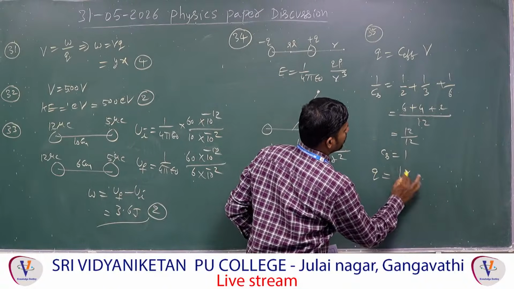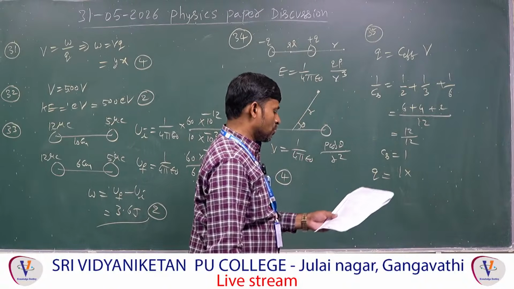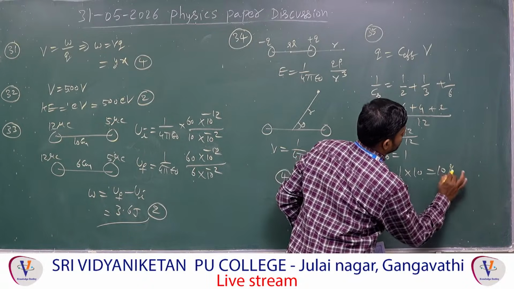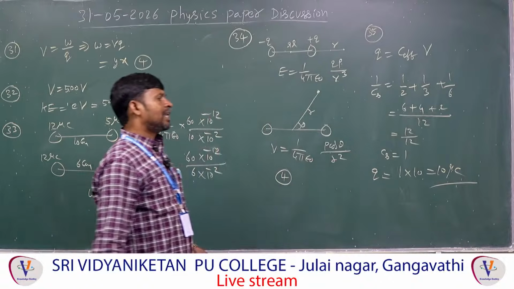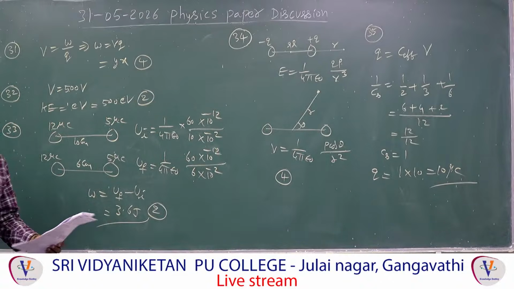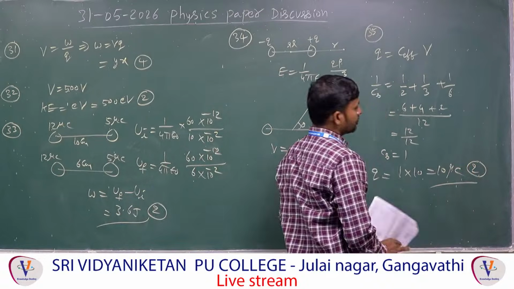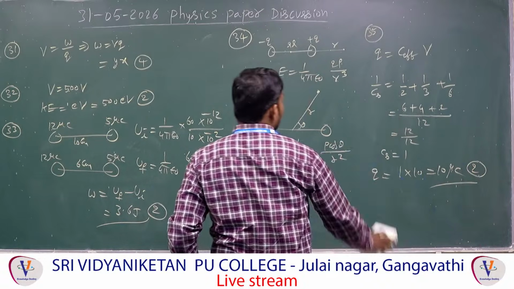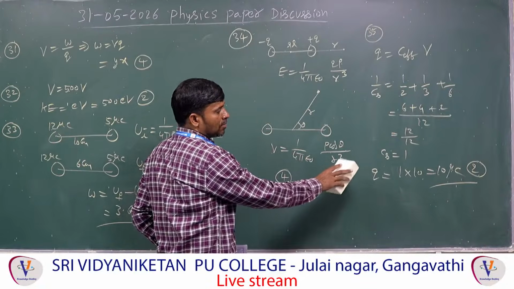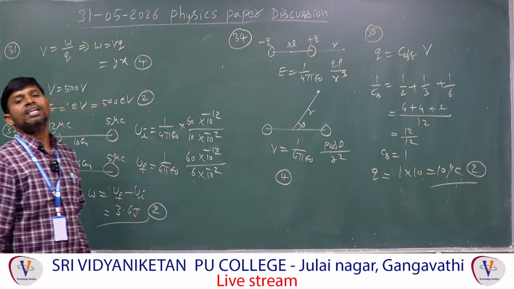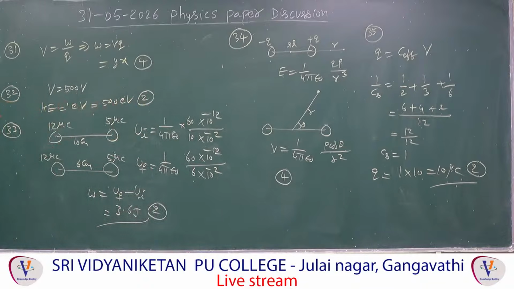Therefore, charge is equal to effective capacitance into voltage value 10. We get 10 microcoulombs. That's why we get the second option. Same charge on the three capacitors, because in series the charge is the same.